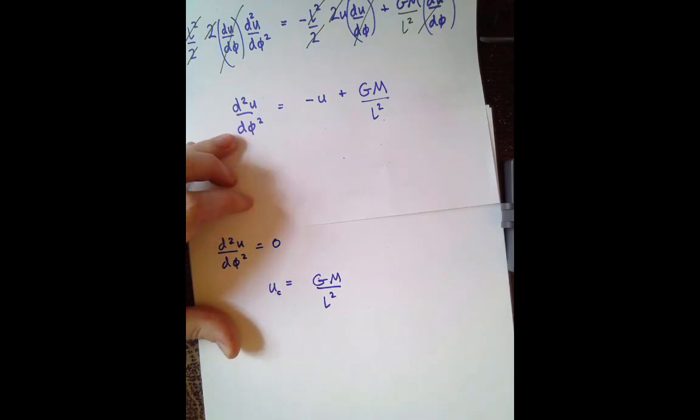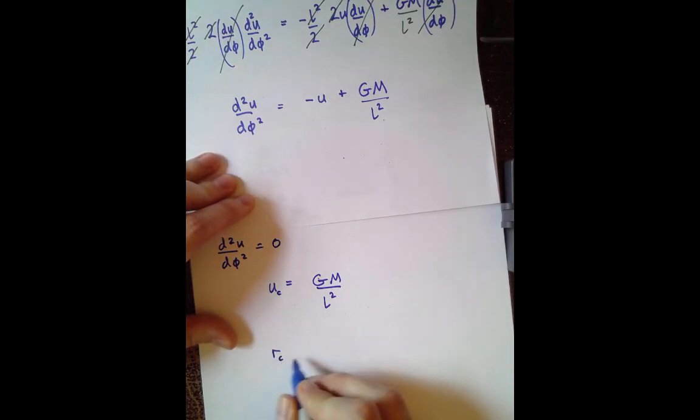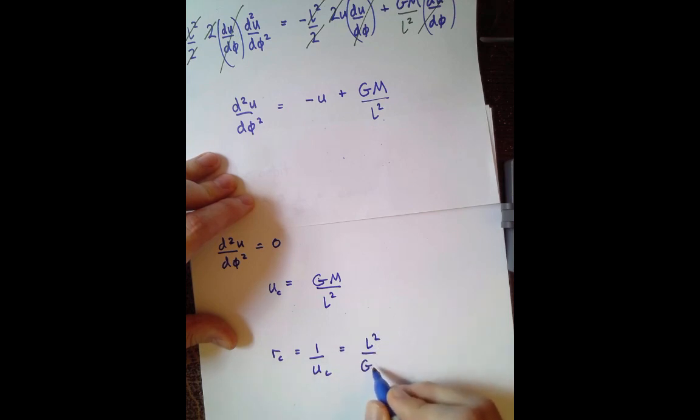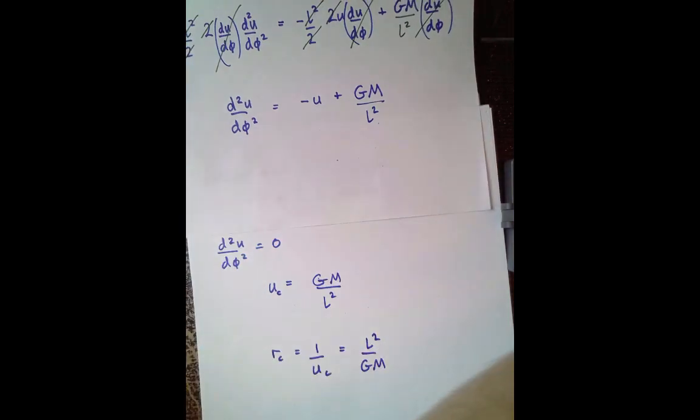Let's call this uc for the circular orbit, and rc is 1 over uc, which is equal to L squared over GM. This is exactly the result that we got earlier. So we get that back.